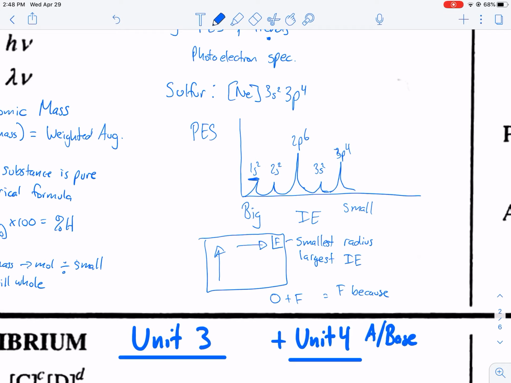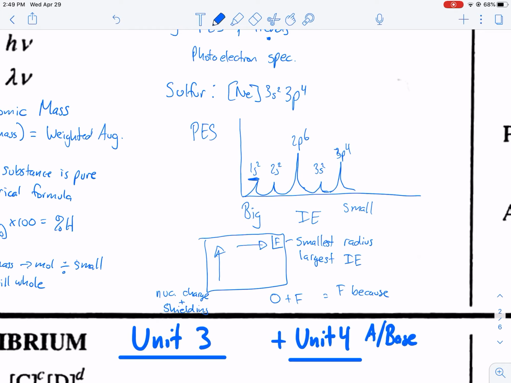And so when we make this explanation, you want to talk about a couple of things. Remember, those things were nuclear charge and shielding. All right, so F and O are in the same row, so they have the exact same amount of shielding, right?